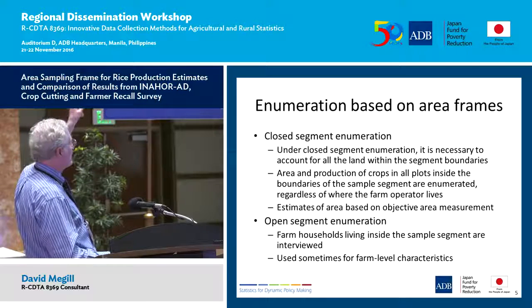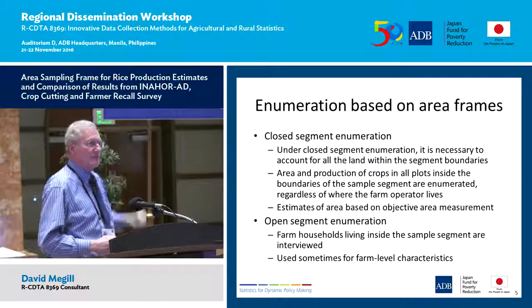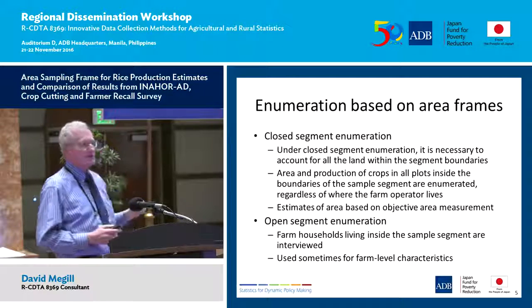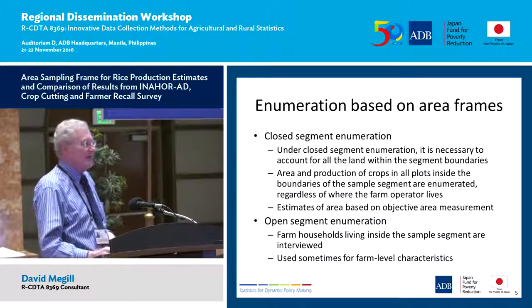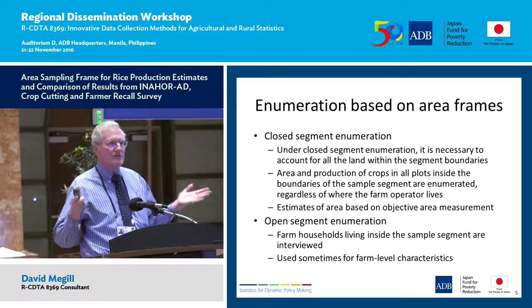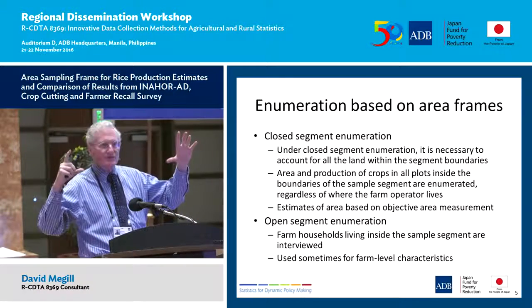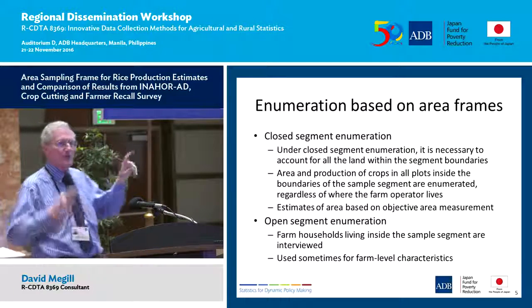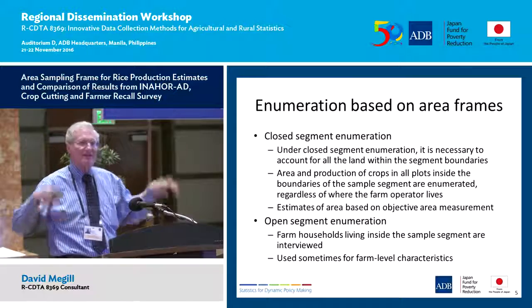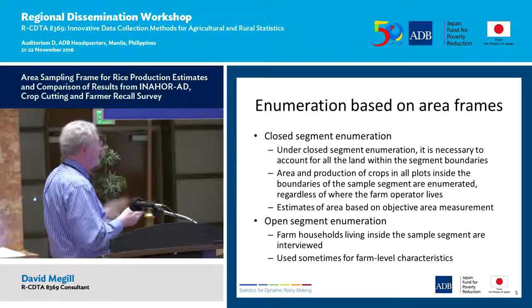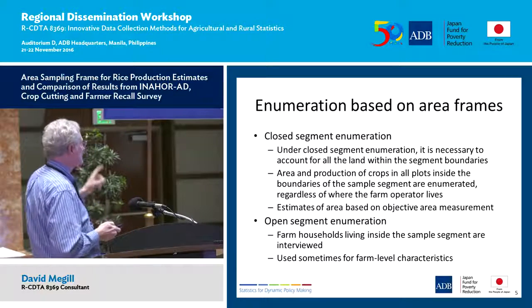Now, the two-stage list frame that I mentioned before is designed specifically for this open segment approach, because it's population-based, and enumeration areas control how many households you find in segments, whereas the area frame controls the area that you want to cover. So both of these have their own uses.